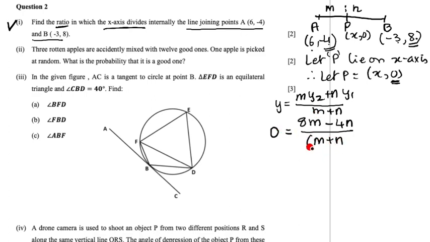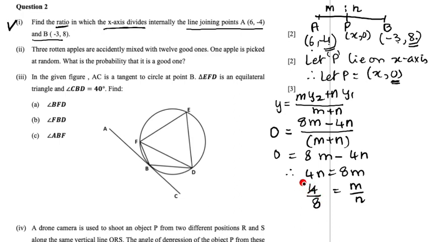Now cross multiply, this multiplies 0, so 0 is equal to 8m minus 4n, and so you will have 4n equal to 8m. But we want the ratio which is m upon n, so n goes that side, 4 stays here and 8 comes here. So that will give us the ratio m is to n, which is equal to 1 is to 2, and that is our answer.